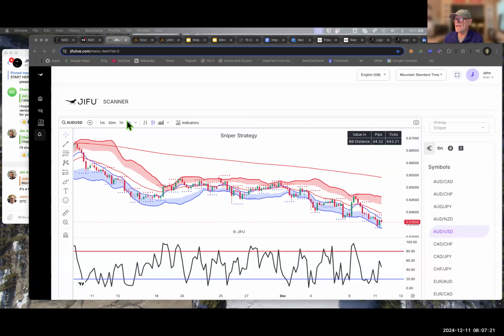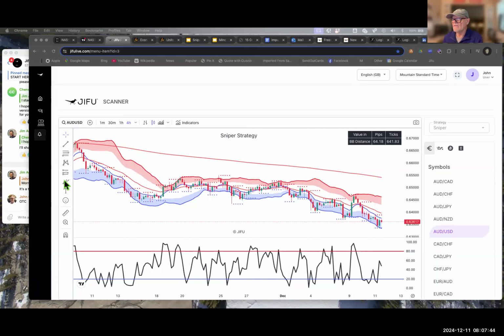Went to the 4 hour here. This is Australian dollar, US dollar, AU for short. And we can clearly see a downtrend. So we would preferably only be looking at taking sells. There are some re-entry points here.